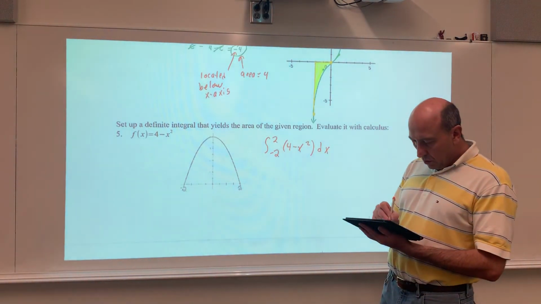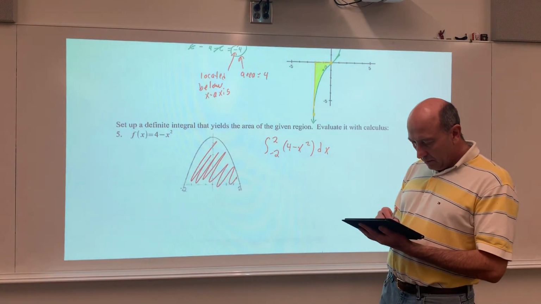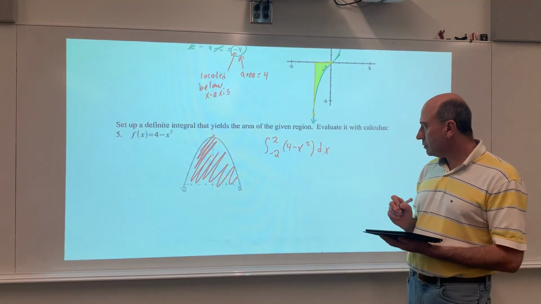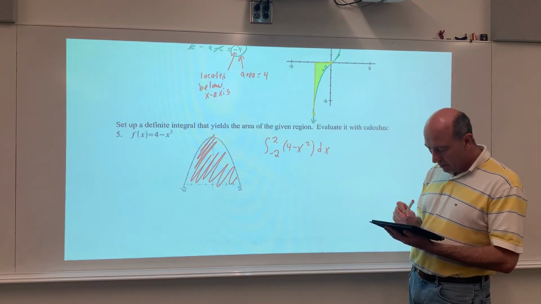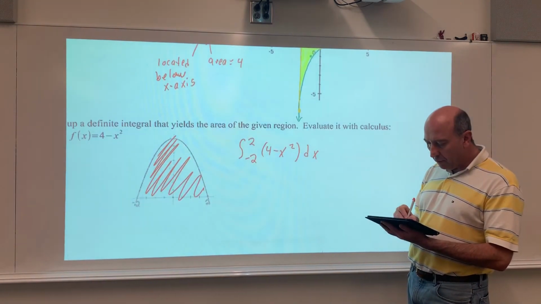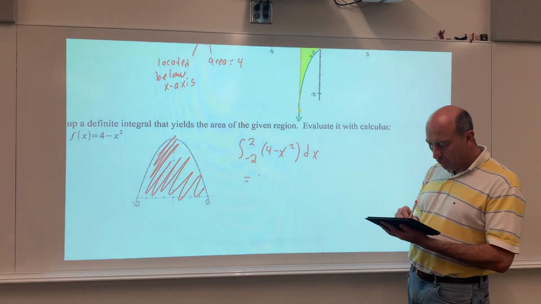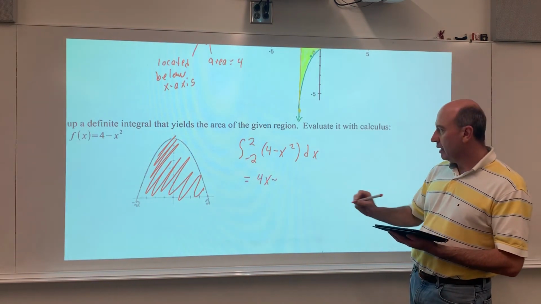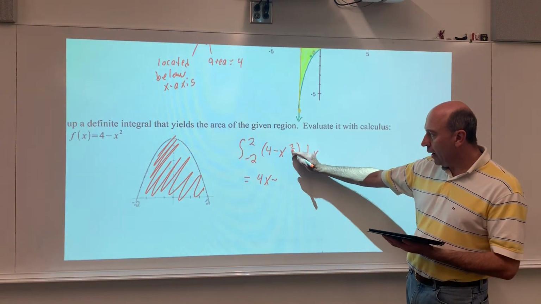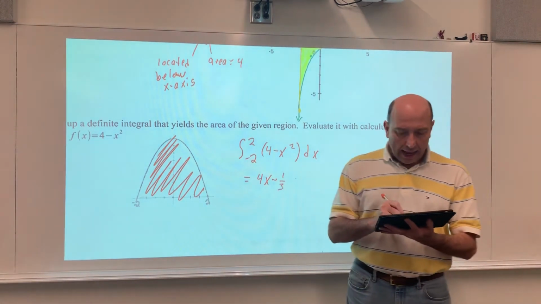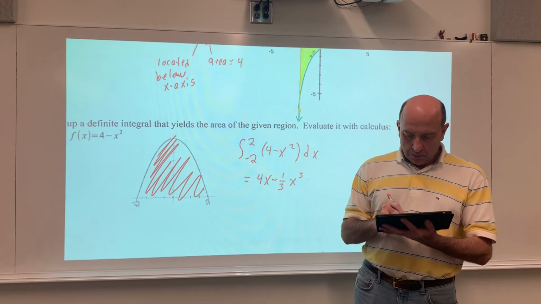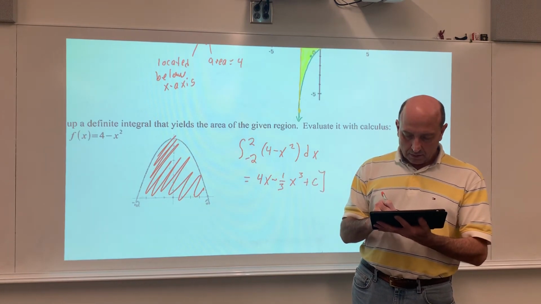So we take the antiderivative of 4 minus x squared. The antiderivative of 4 is 4x. The antiderivative of x squared is 1/3 x to the third, plus c.